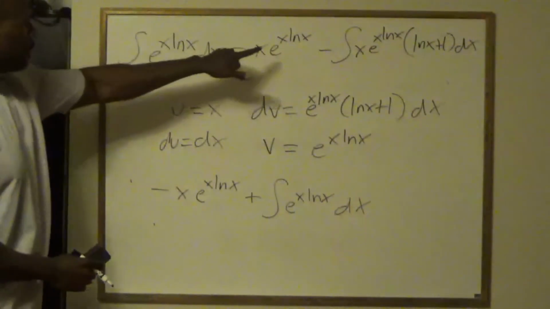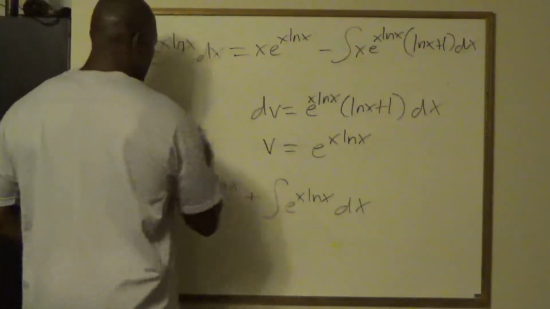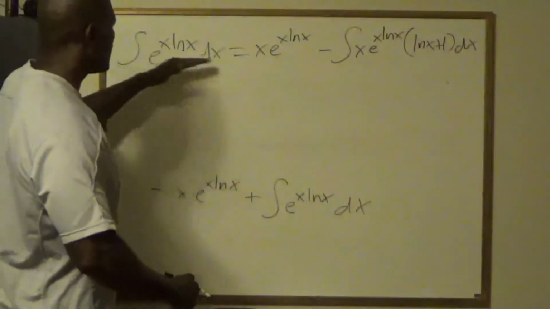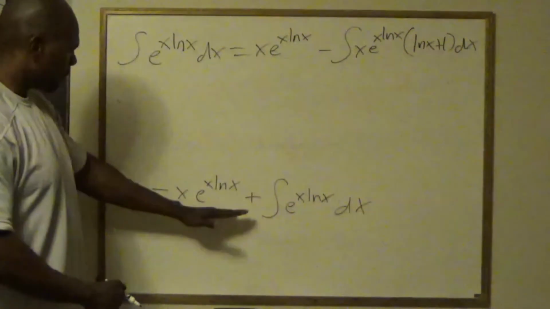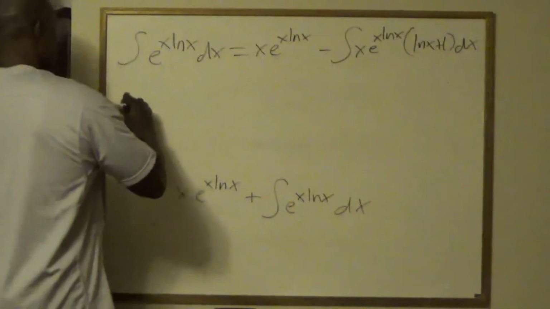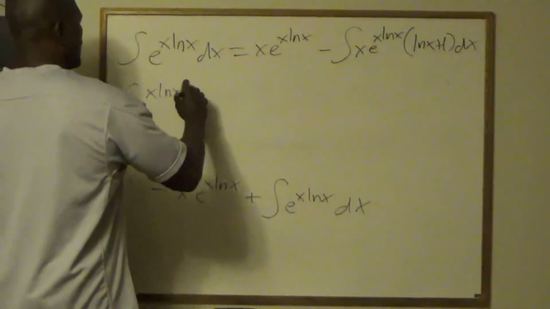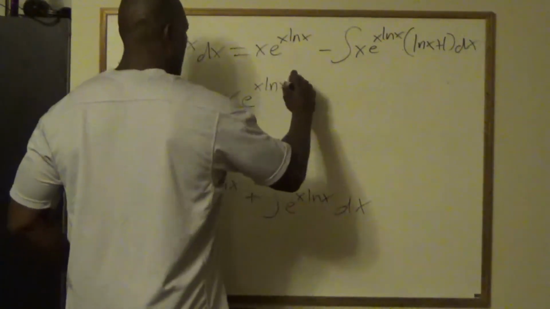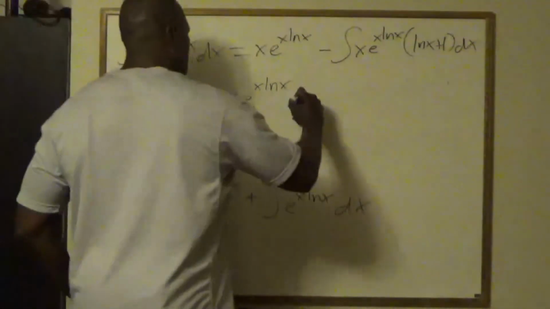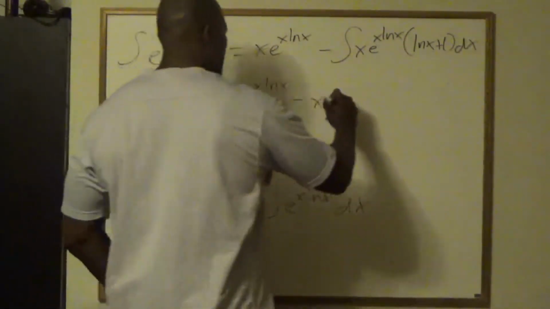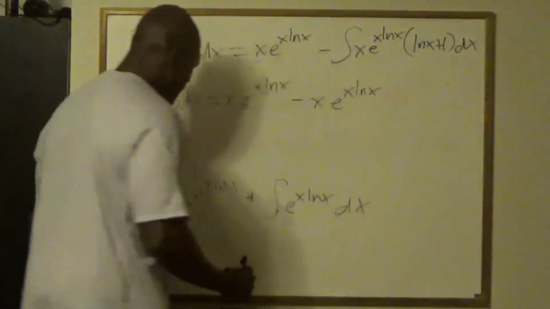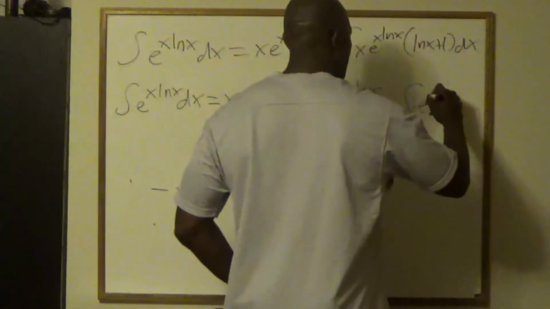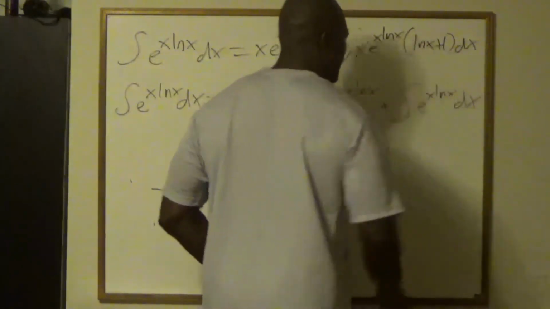So to write the rest of this, I'm just going to rewrite this expression, and instead of this, I'm going to plug in this. So we have the integral of e^(x ln x) dx equals x times e^(x ln x) minus x times e^(x ln x) plus the integral of e^(x ln x) dx.